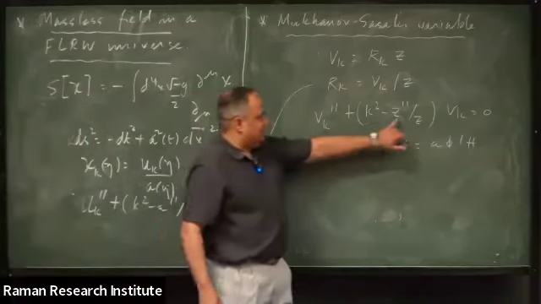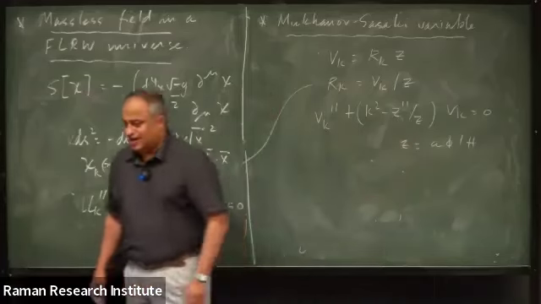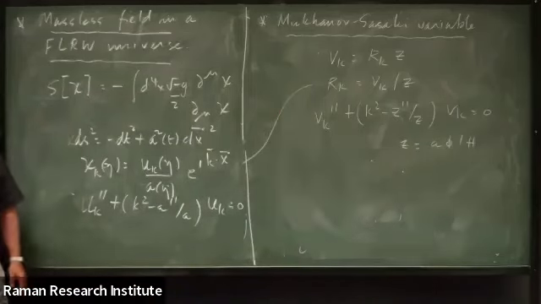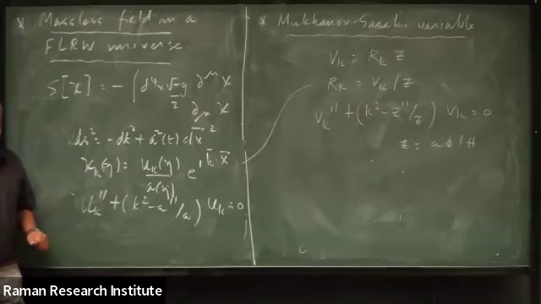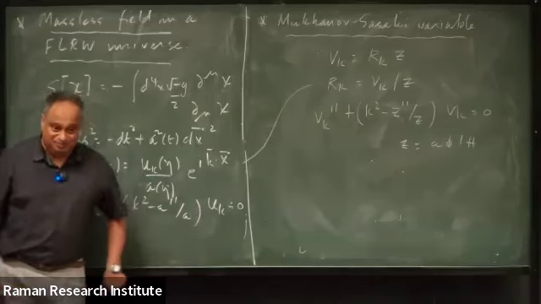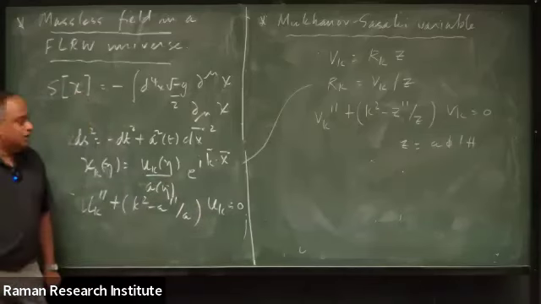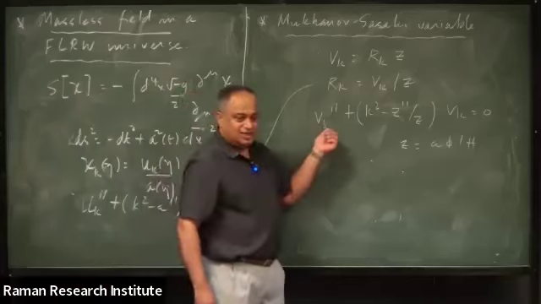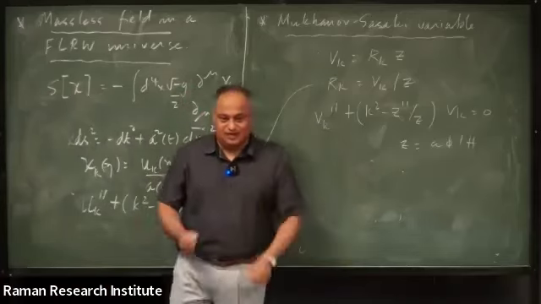It is just that you have z double prime by z instead of a double prime by a. In fact, later, when we discuss quantization of tensor perturbations, we'll find that the Mukhanov-Sasaki variable of the tensor perturbation will be exactly of this form. We'll see that. So I hope I have tried to justify why I can quantize the field.